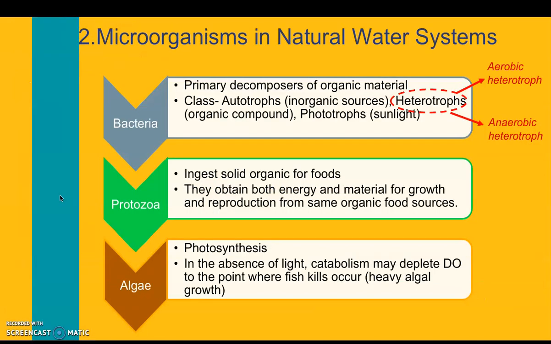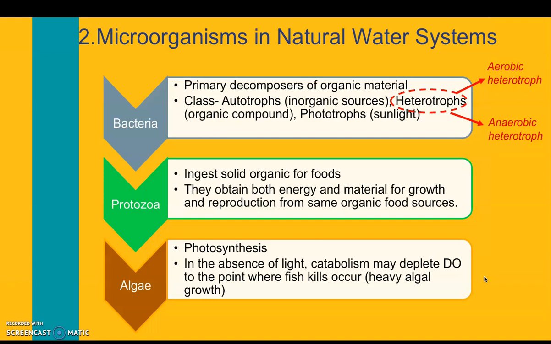Dissolved oxygen is one of the most important things in a water system. Microorganisms will carry out the metabolic process that converts the organic matter, along with the dissolved oxygen, into new cells and oxidized waste products.